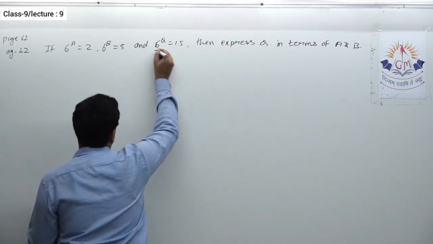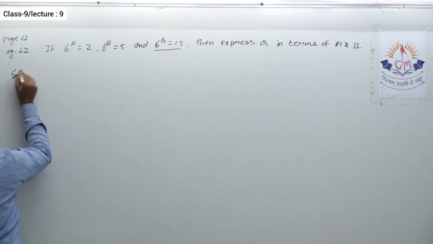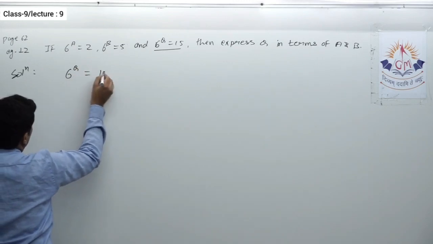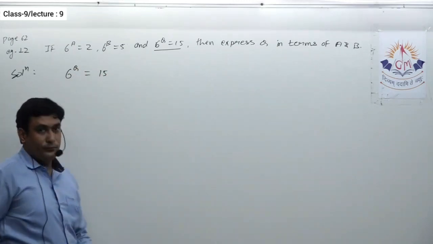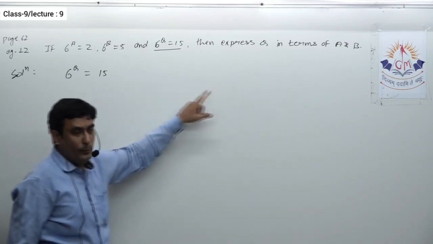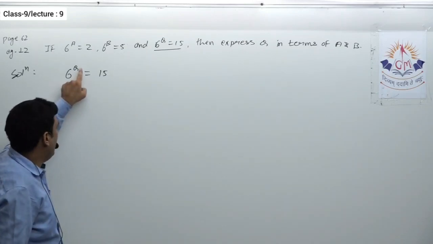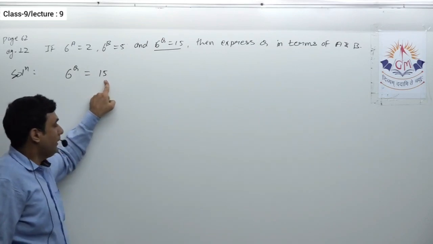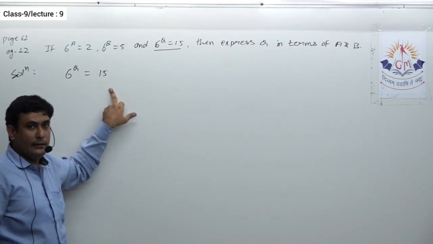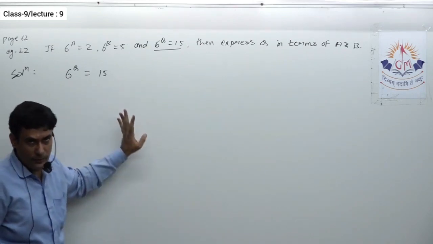So we'll start with this. Let us see how to solve this. See, again the matter is same, that anyhow we need q in terms of a and b. That means here we have 6 raised to q. Now anyhow we have to represent this 15 in terms of 6 raised to something.